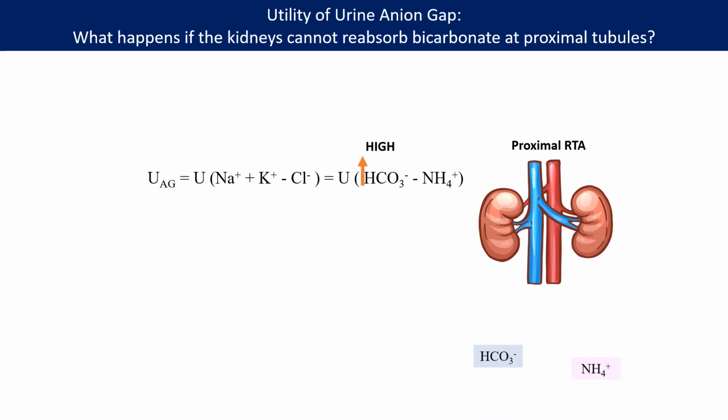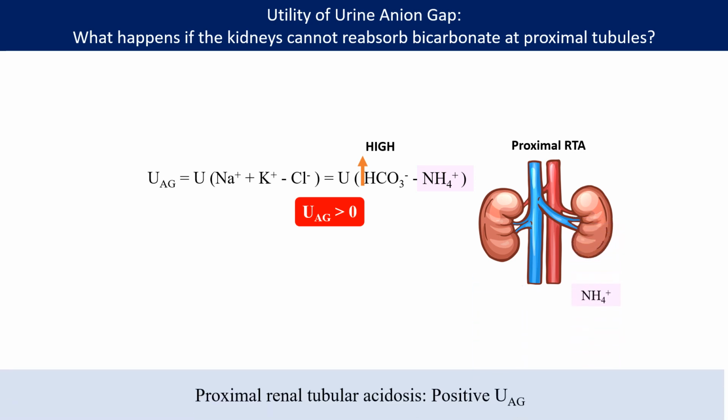Urinary bicarbonate level will be very high compared to urinary ammonium level. The net effect is a very positive urine anion gap. Unlike extrarenal causes of normal anion gap metabolic acidosis such as diarrhea, where the urine anion gap is negative, proximal RTA will present with a positive urine anion gap.